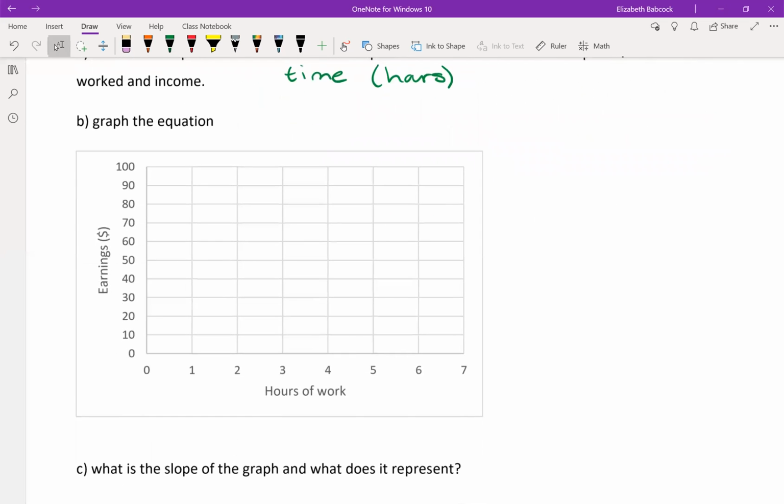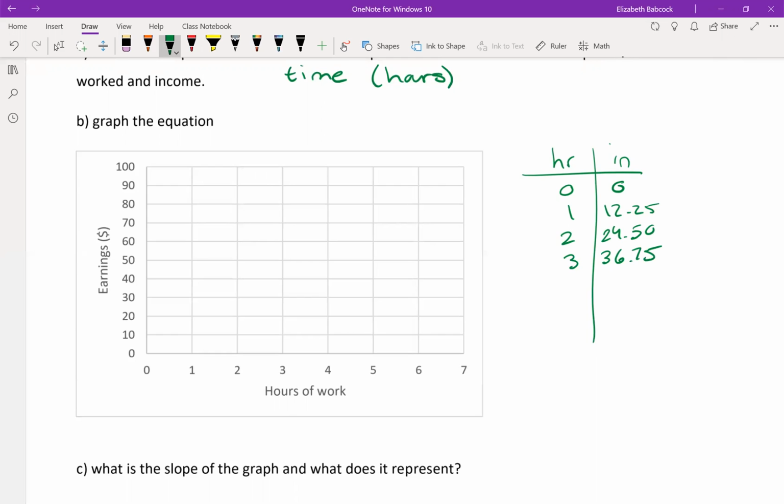Now we need to graph the scenario. One thing I like to do when I'm graphing a scenario is make a table to make it easier. If he works nothing, he gets nothing. If he works 1, he gets 12.25. If he works 2, he gets 24.5. If he works 3, he gets 36.75.